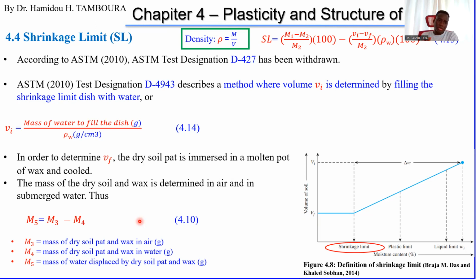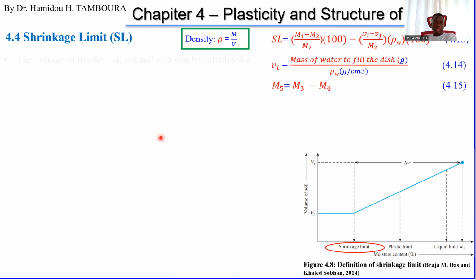By taking the mass in air minus the mass in water, you obtain the mass of water displaced by the dry soil and the wax.